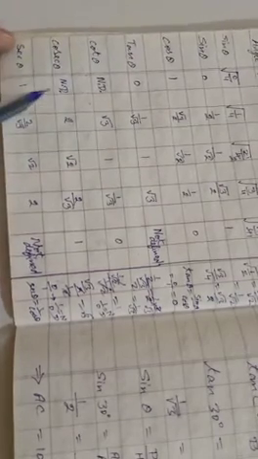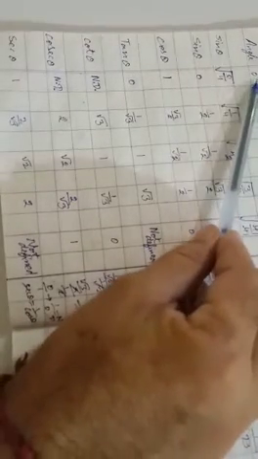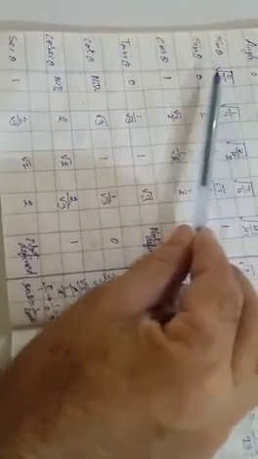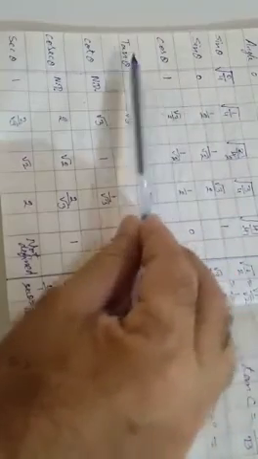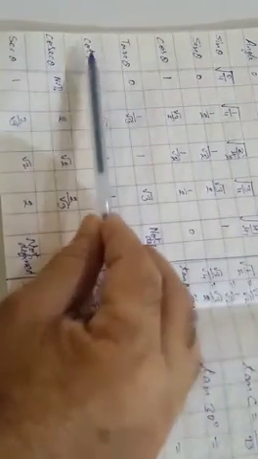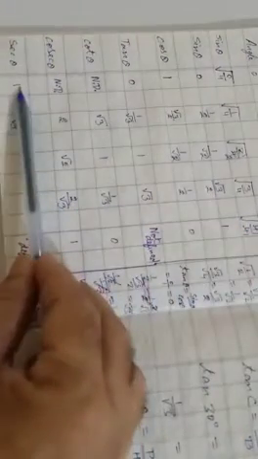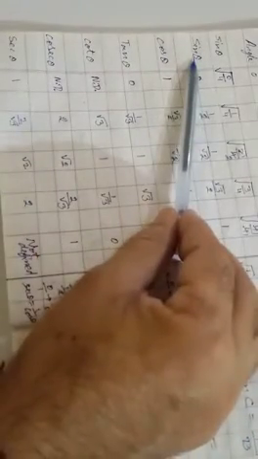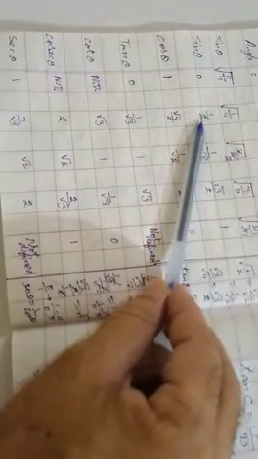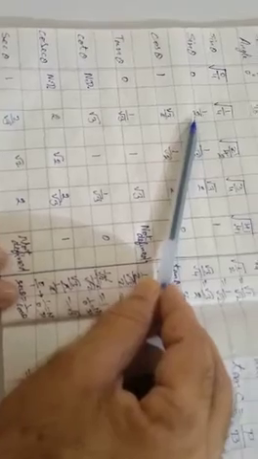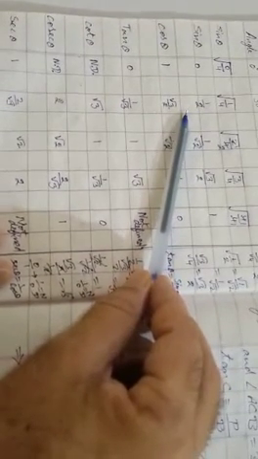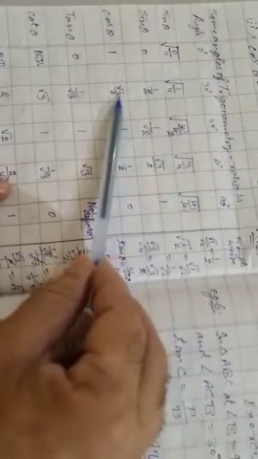This is your table of trigonometry ratio of some angle. 0 degree. Sin 0, 0. Cos 0, 1. Tan 0, 0. Cot 0, not defined. Cosec 0, not defined. Sec 0, 1. 30 degree. Sin 30, 1 upon 2. Cos 30, root 3 upon 2.